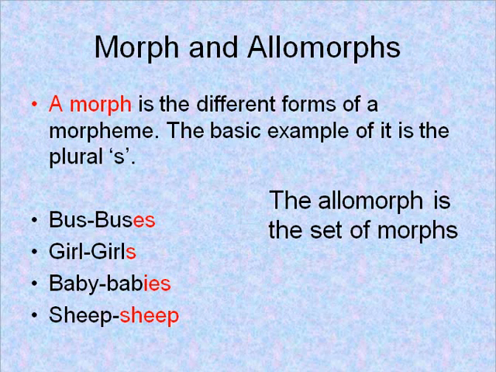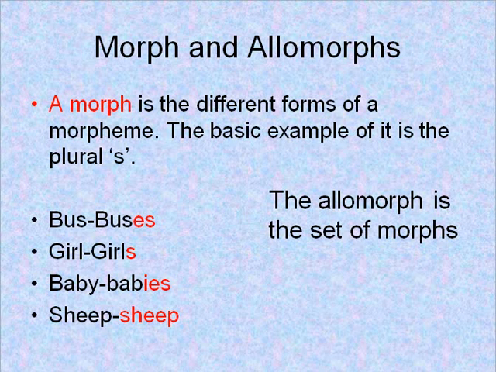While saying phone, it is the physical representation of sound. Morph is the physical representation of the morphemes. By physical here, I mean the way it is written and pronounced. If we take these examples: bus, buses, girl, girls, baby, babies, and sheep, sheep, which is the same.